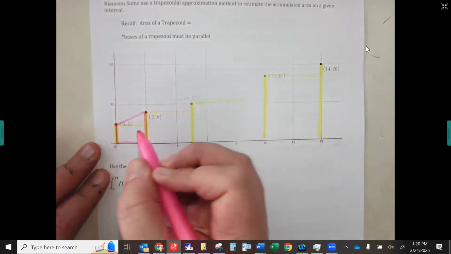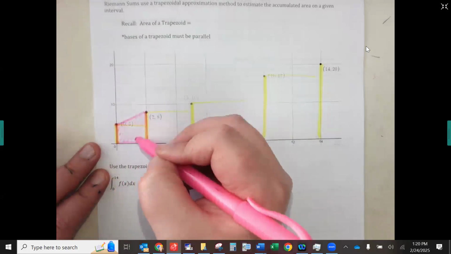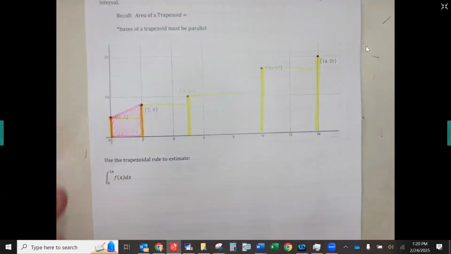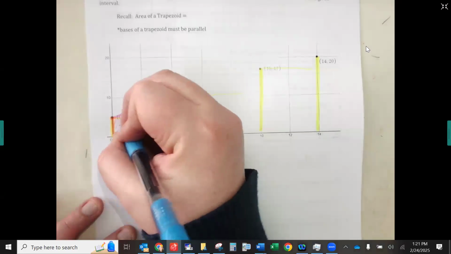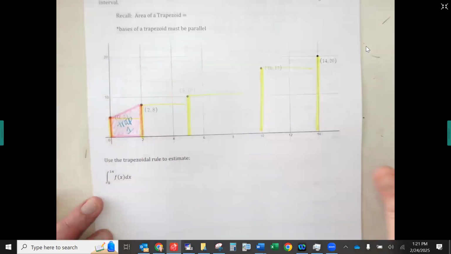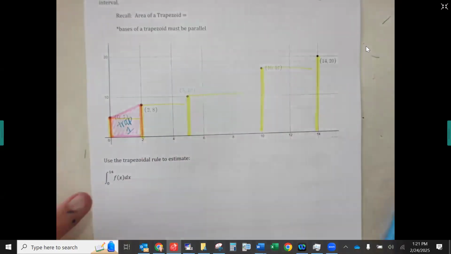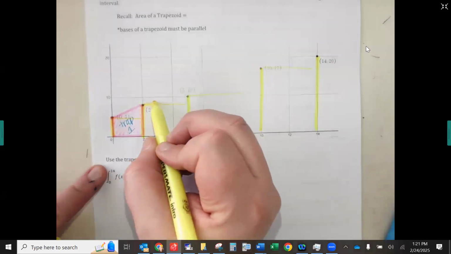What is a four-sided shape where one of the sides is slanty? It's a trapezoid. Very good. So we're going to construct trapezoids, calculate their total area, and that'll be our approximation for the area. This will be trapezoid number 1. Let's do the next one. You'll connect straight across the top.